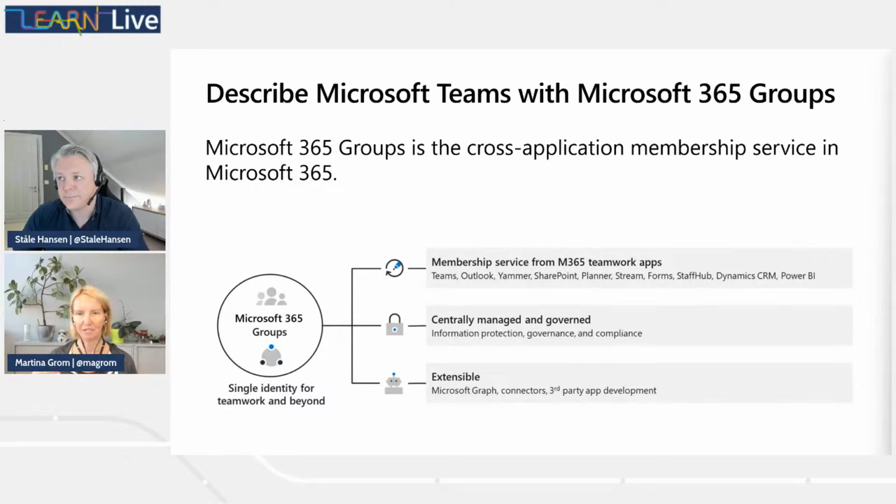A Microsoft 365 group is an object within Azure Active Directory, and it can be created directly from the Microsoft Teams Admin Center. It can be created directly out of Microsoft Teams. It can be created directly out of Outlook, and so on. This is the base service for everything around. So consider, if you create a team, you create a Microsoft 365 group. If you create a planner, you create a Microsoft 365 group.